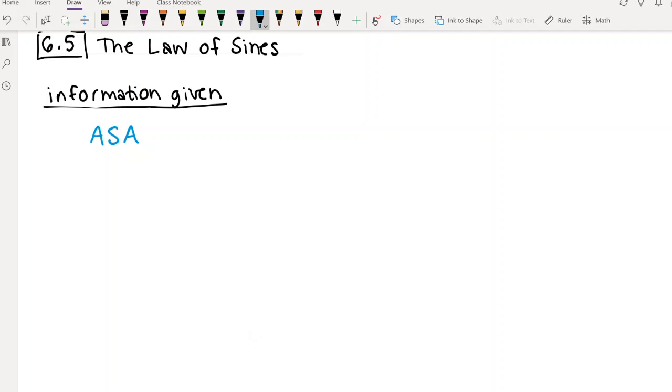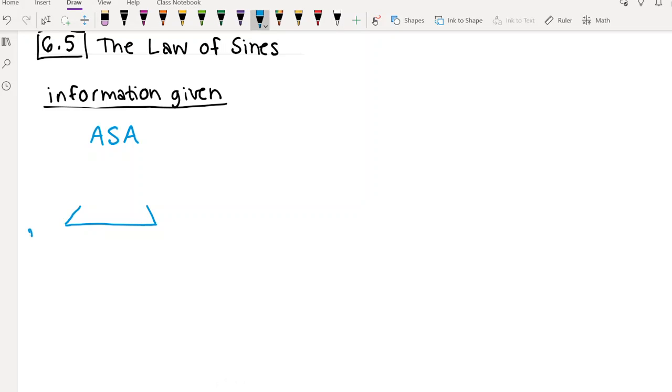That would be a situation where you have a mystery triangle and the information that you know for sure is one angle, a side length, and then another angle that is on the other side of the side. Let me draw this a little differently, just because I want to make sure that we can fit our triangle into the space that we have. Okay, that should do it.